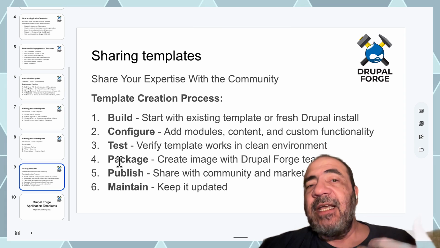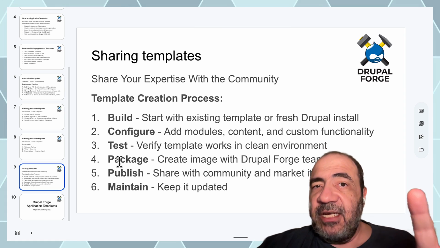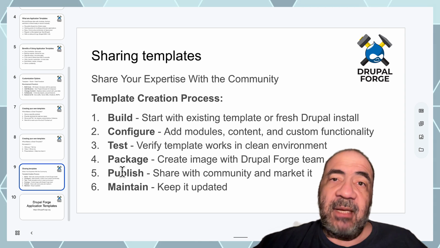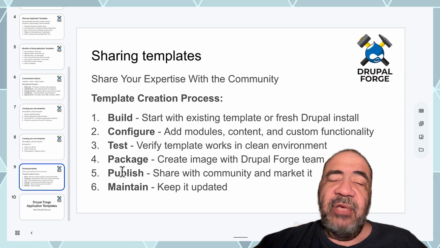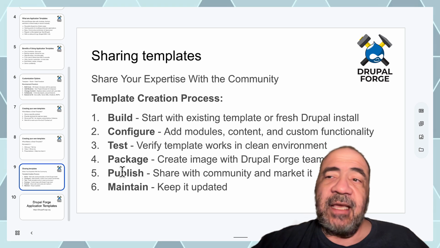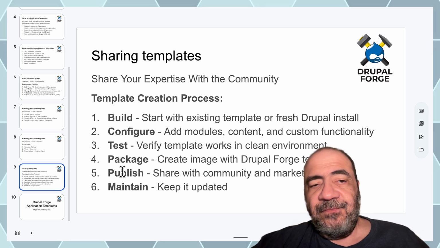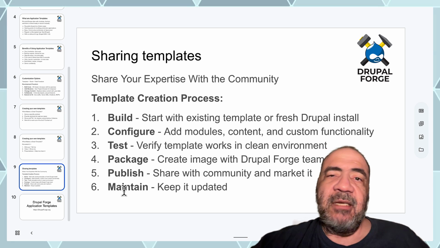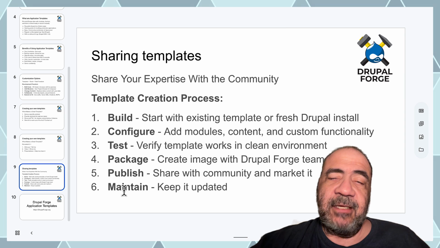This is when you're going to contact us. We'll help you package it, create an image for it. Then we will help you publish it. We have to check the template to make sure that it runs well, doesn't have any malware in it, etc. And then you will be in charge of maintaining the template, making sure you keep it up to date.